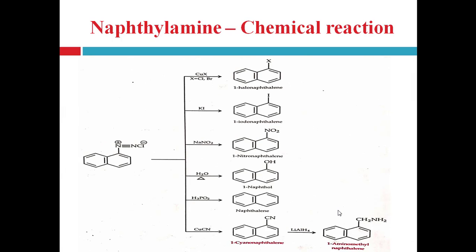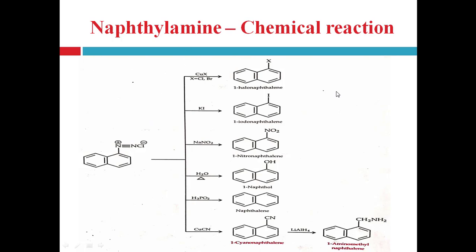See, first when naphthalene diazonium chloride reacts with copper halide CuX, it undergoes halogenation and forms 1-halonaphthalene. The whole diazonium chloride group can be replaced with the halide.